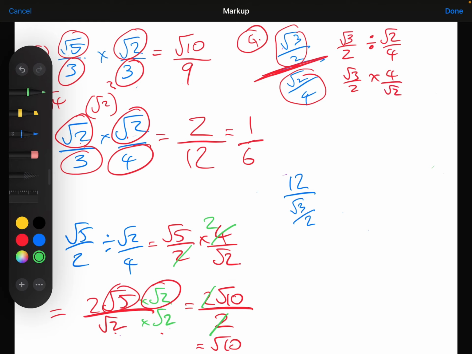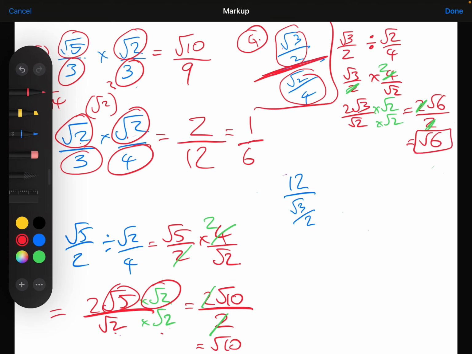So multiplying by the reciprocal, cancel the 4 and the 2. So that will give me 2 root 3 over root 2. Rationalise. So that's going to give 2 root 6 over 2, which simplifies to just be root 6. So all of that there simplifies just to be root 6.